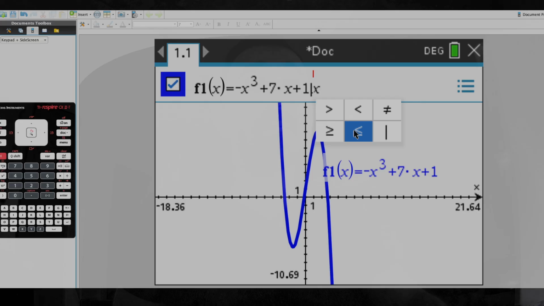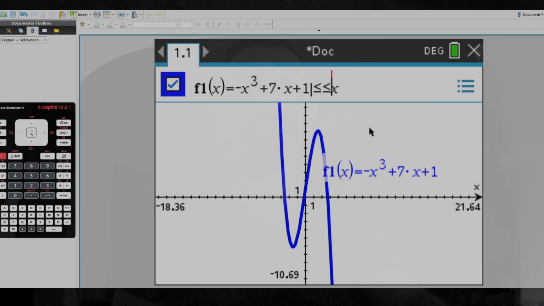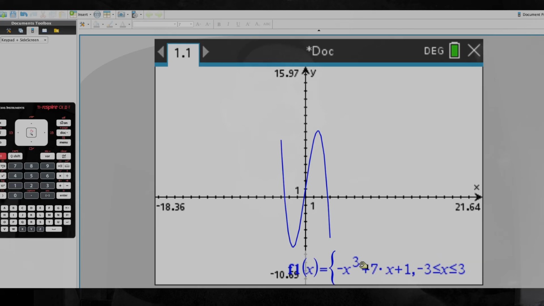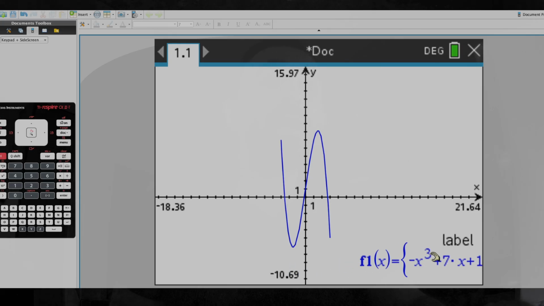One more time, you're gonna do control equal and you're going to put this sign here. You're going to put x here. Pardon me, here you're going to put minus 3 and here you're going to put plus 3. Okay, if you press enter right now, you're going to get rid of the part of the function that you're not interested in having.